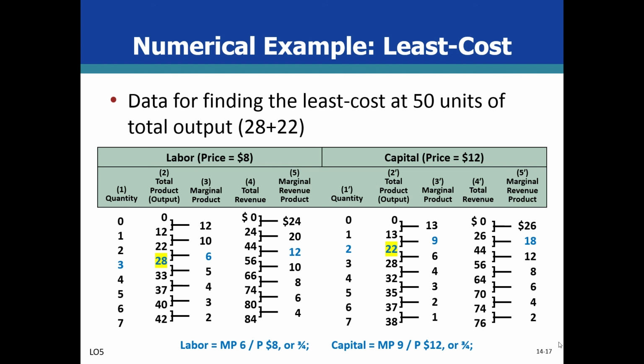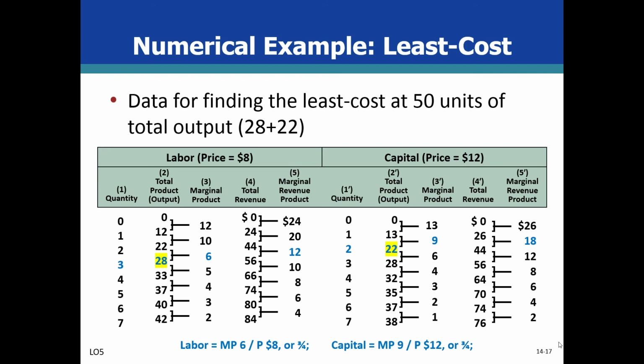The MP of labor is 6 divided by the price. Okay, and therefore the equations are in balance. Bingo, we've achieved our objective. Well, not quite, because the 50 units of output given this mix would not meet our profit maximizing rule.